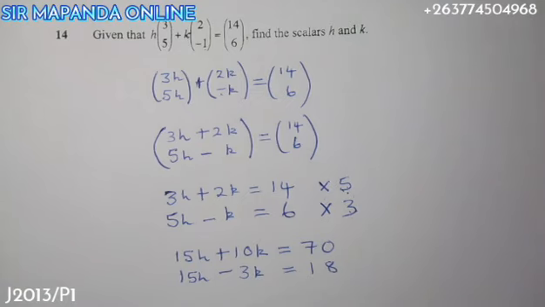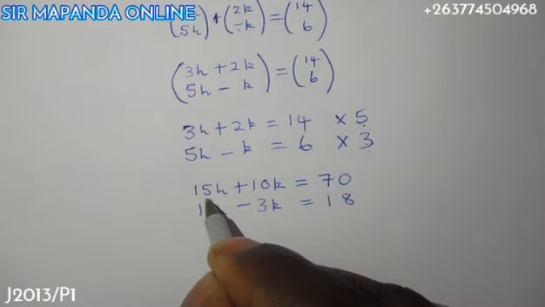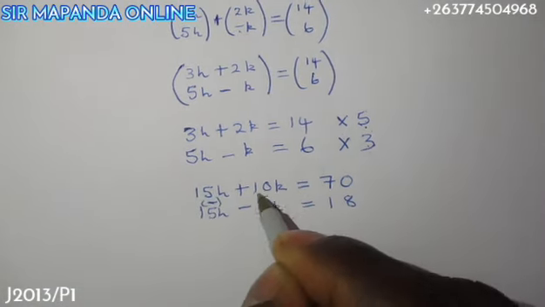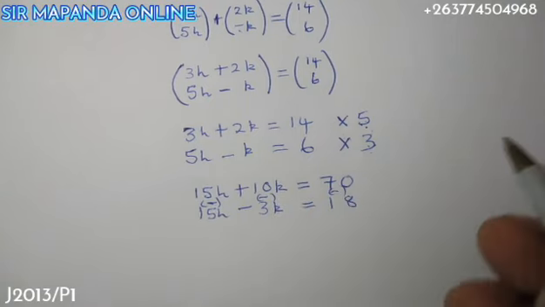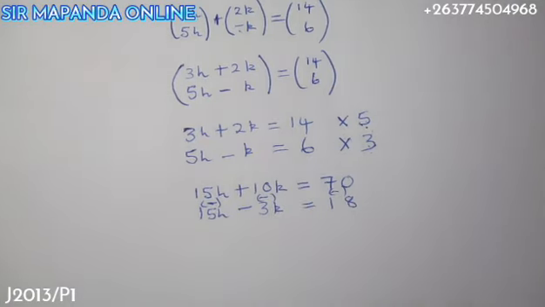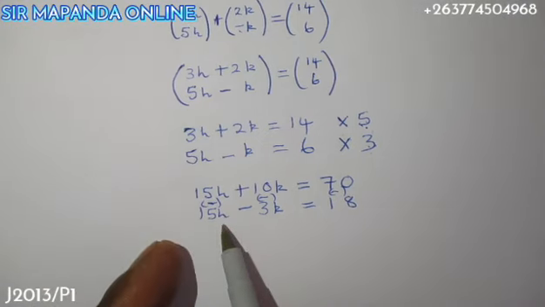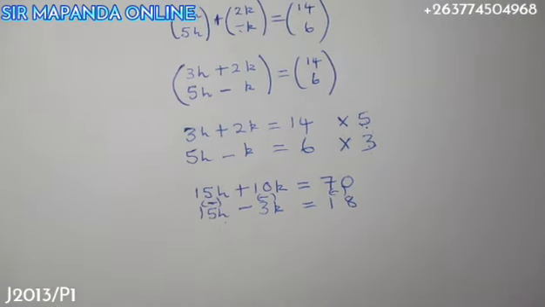So we now need to subtract equation 2 from equation 1. I normally encourage students to put negative signs in between like terms so as to minimize errors. 15h minus 15h gives 0.